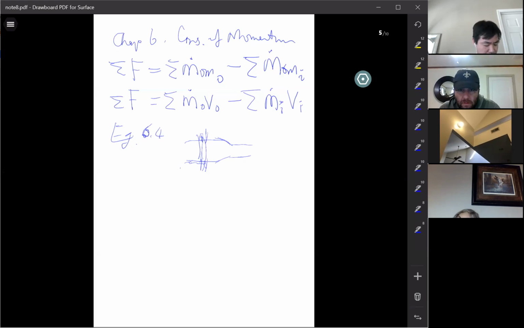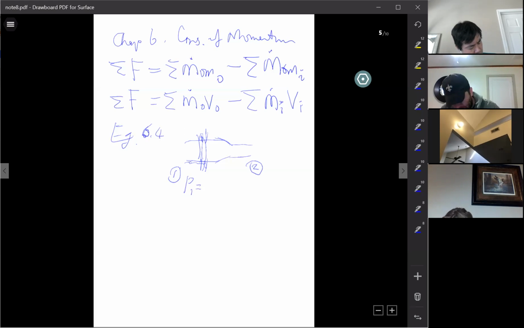Okay, so the nozzle has what? Inlet speed, and pressure. At the beginning, location 1, at the later part, location 2. P1 equals 3.7 kilopascal, diameter 60 millimeter.